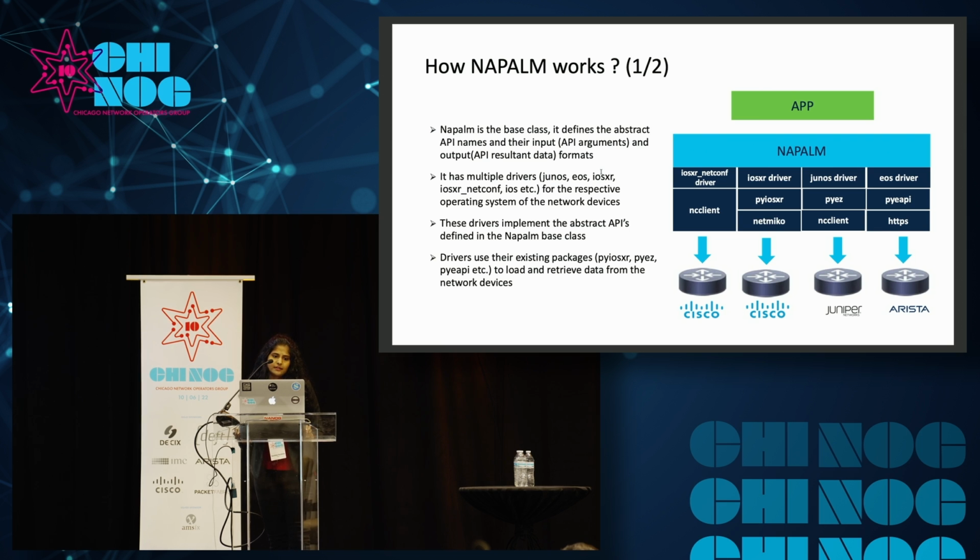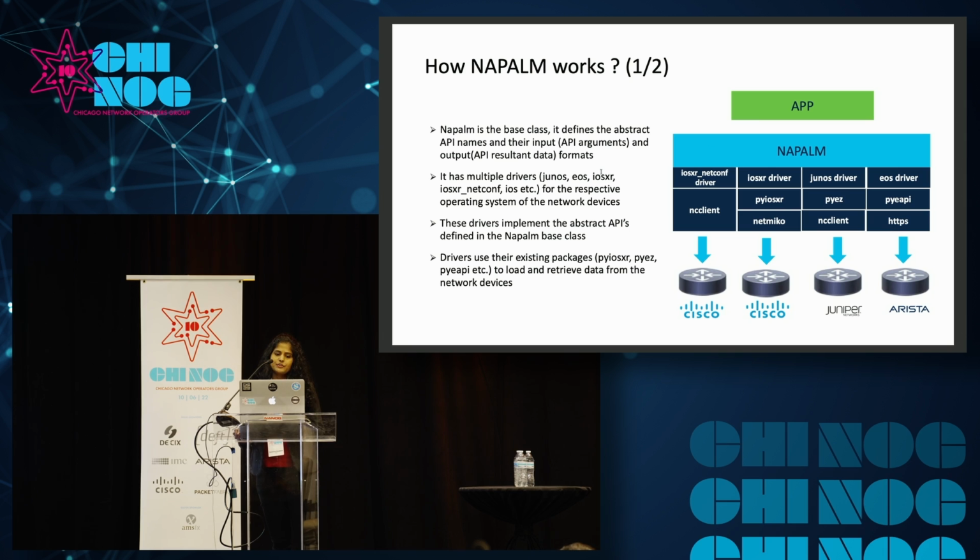Well, how does it work? The whole idea behind Napalm is inheritance. What is inheritance? Just like a child inherits a few characteristics from their parents, similarly here Napalm has a parent class called the base class.